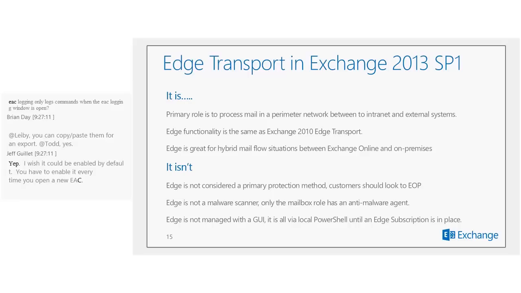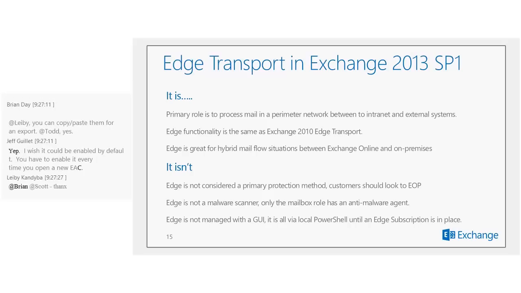And again, we still have, if you want full primary protection, EOP solutions are available, and that's what those solutions are for. So it's a preliminary endpoint protection. But it's also not a malware scanner. That's just in the mailbox role. And something of note is that Edge is not managed by a GUI.